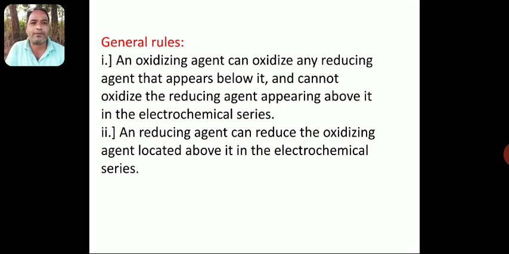This is the main thing. And the second one: a reducing agent can reduce an oxidizing agent located above it in the electrochemical series. So these are the two general rules for the electrochemical series.